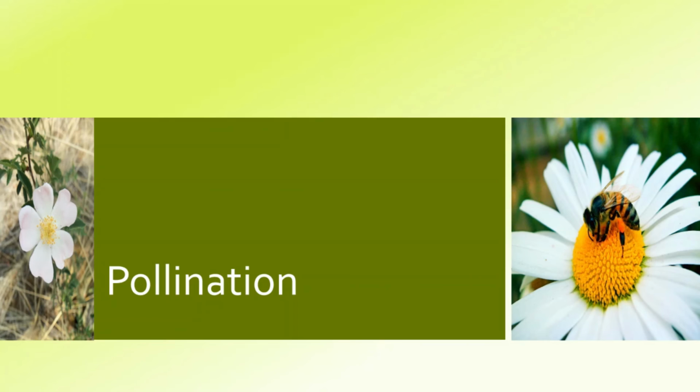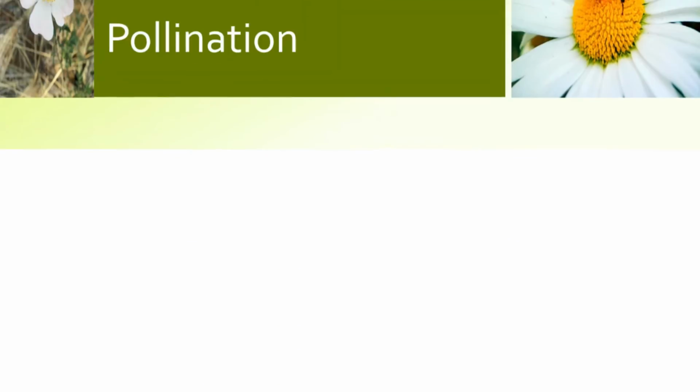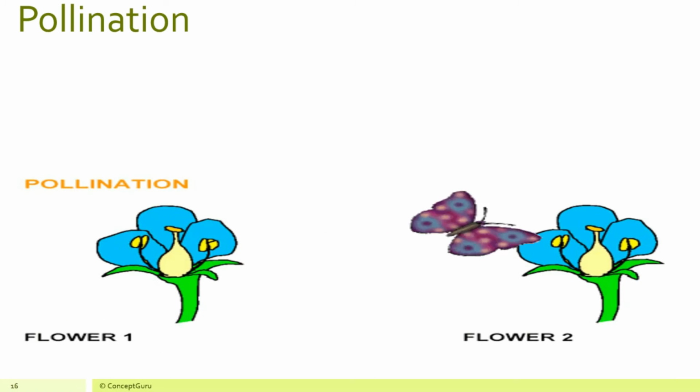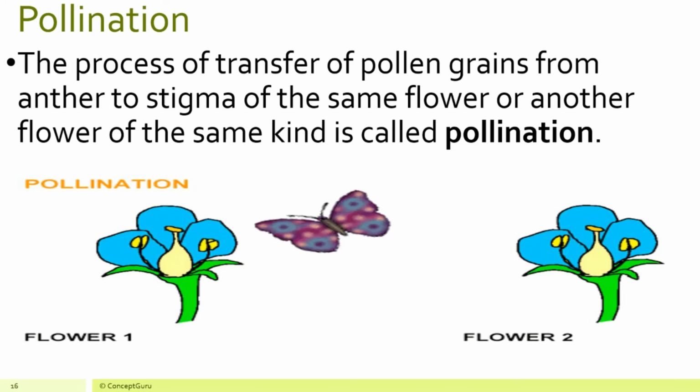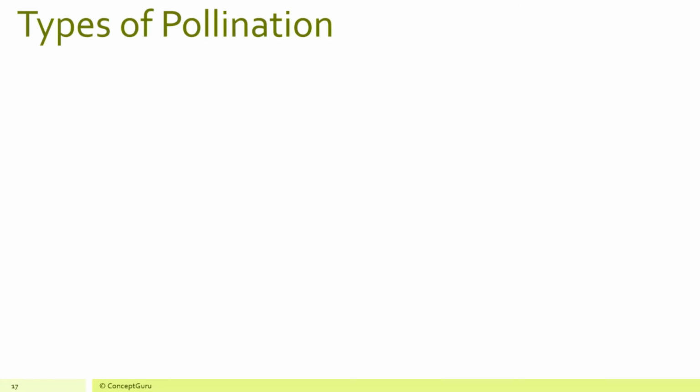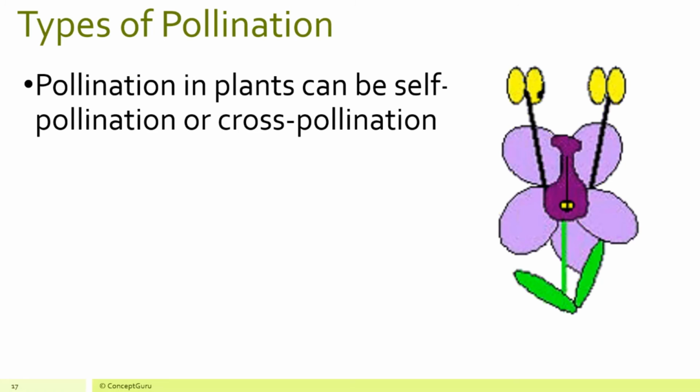Now, let's talk about pollination. The process of transfer of pollen grains from the anther to the stigma of the same flower or another flower of the same kind is called pollination. Pollination in plants can be self-pollination or cross-pollination.